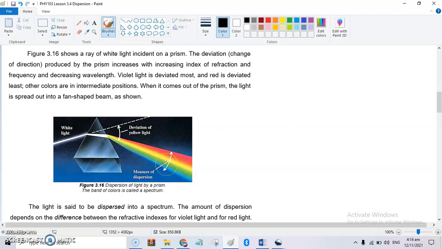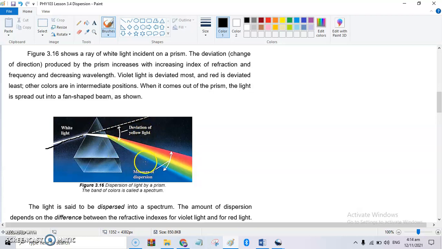When it comes out of the prism, the light is spread out into a fan-shaped beam. So this is the fan-shaped beam, and this is the incident light. It should be reflecting somewhere in here, but since this is a prism, it goes through a deviation or change of direction.